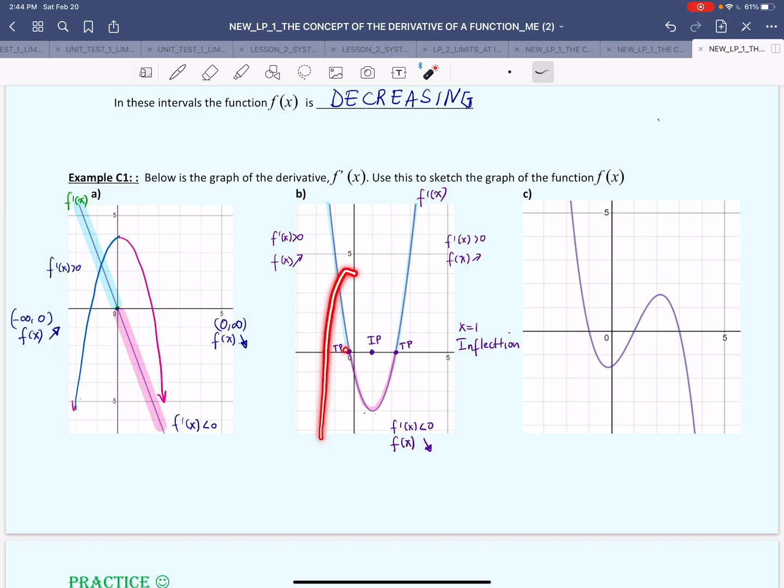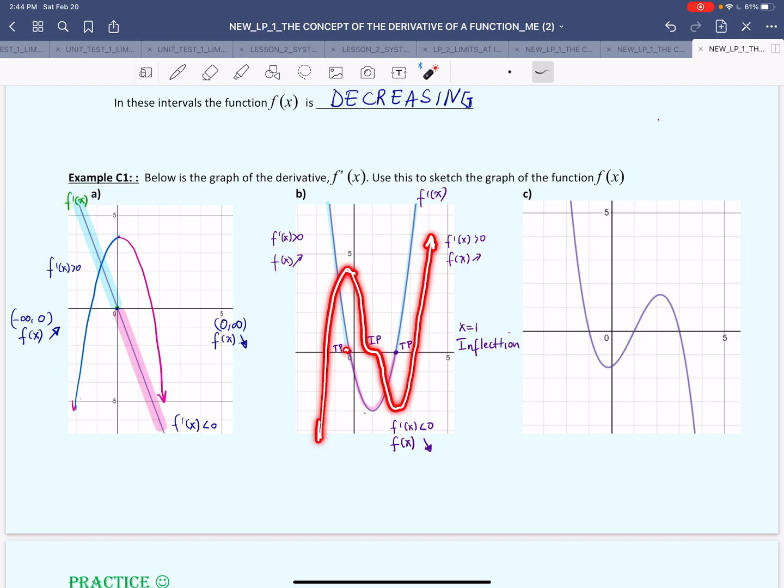Okay, so right at 0, we're going to have a turning point, an inflection, okay, for the graph. And then right here, we're going to have a turning point. So the function is decreasing, and here it picks up the speed. Okay, so do you see how this happens?